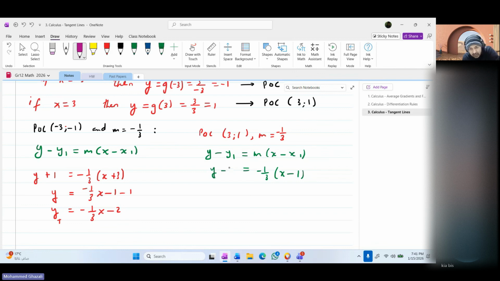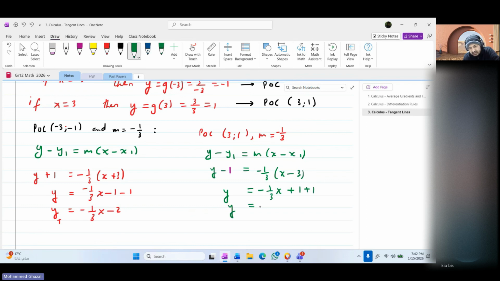So y minus 1 equals -1/3 into x minus 3. Okay, so we got y equals -1/3 x plus 1. Take this -1 over, you'll get +1.